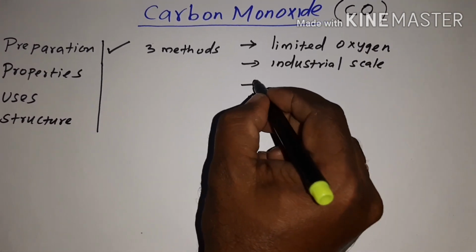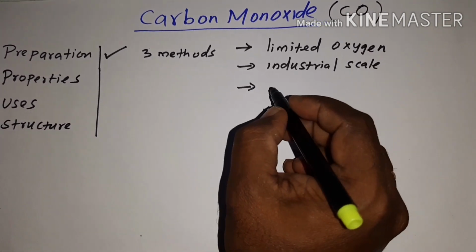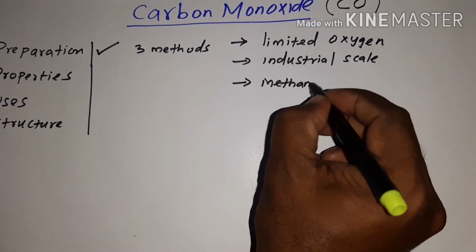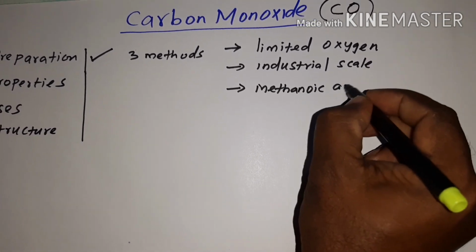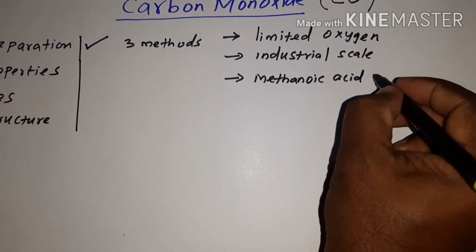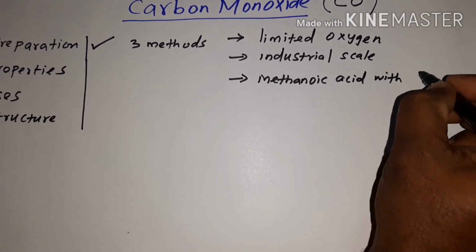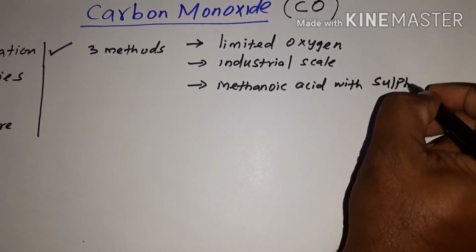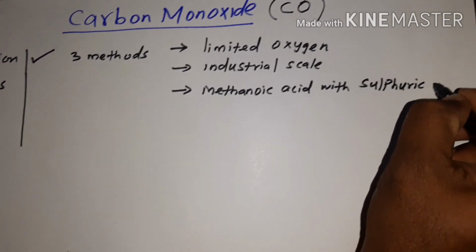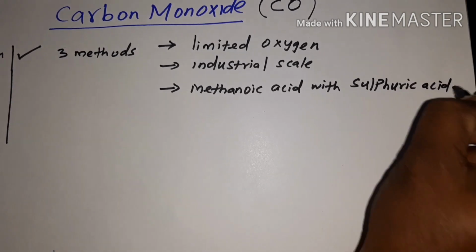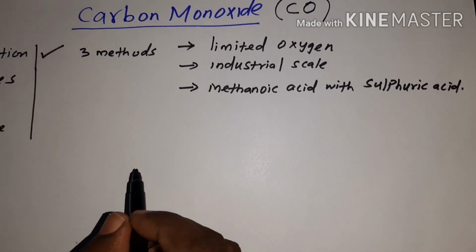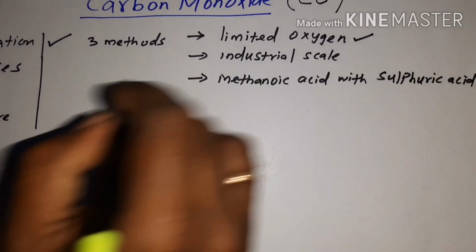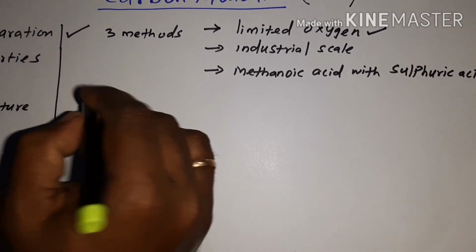Third method is reaction of methanoic acid with sulfuric acid. So we will see all three methods one by one. First we will see limited oxygen with carbon.